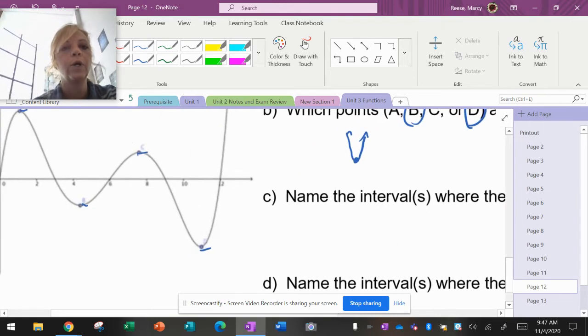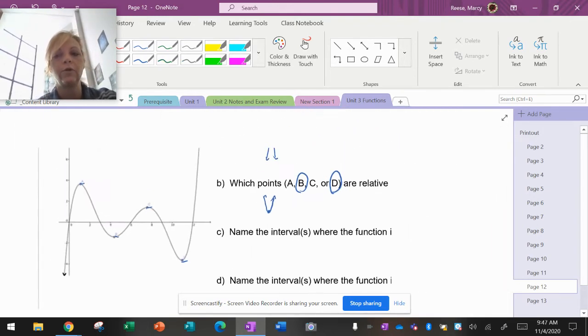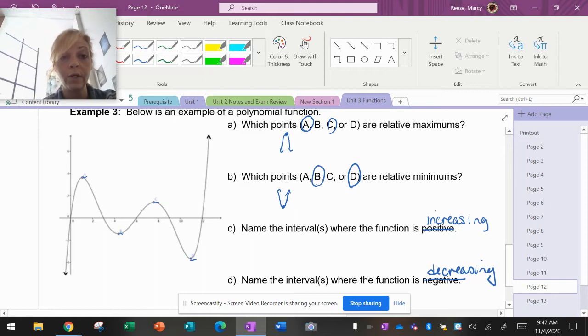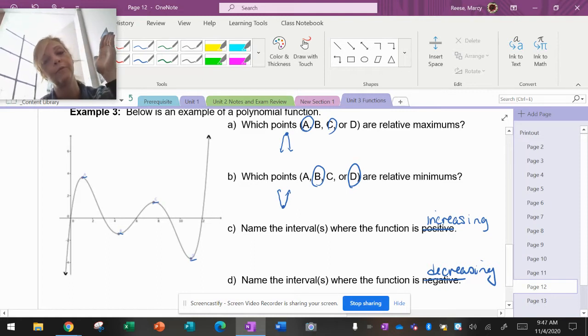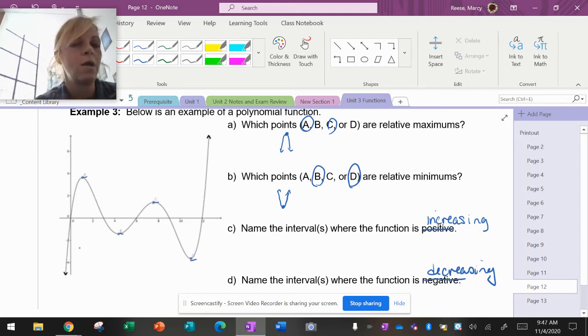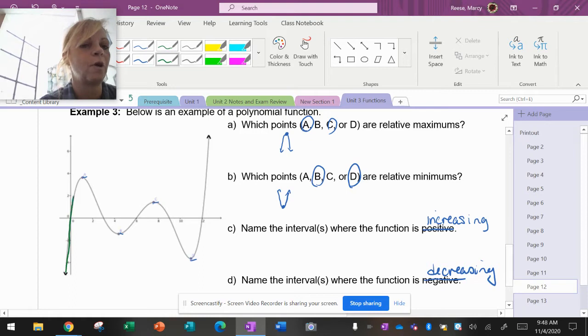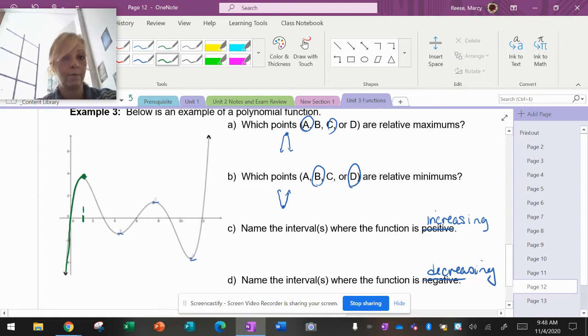Okay. We're going to color code the increasing versus the decreasing, right? Okay, so increasing is when I'm looking at the graph, I look at it from left to right. Increasing is where it's going up the hill, okay? So I see it starts from negative infinity, starts from all the way like negativeville, and it stops increasing at that point. Now this x value, we're going to say is 1.